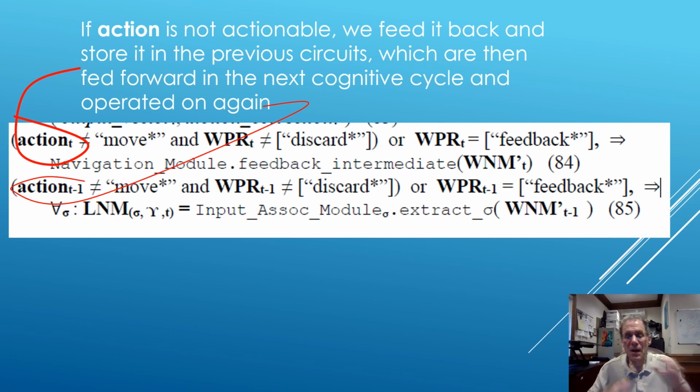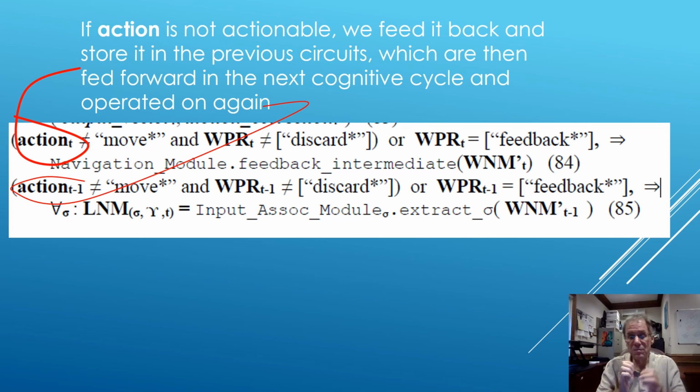As I mentioned before, what proved fascinating is that if you get an action that doesn't really give something useful or meaningful, for example it ends up not having a move, it's not an actionable action, then what we do is, in equations 84 and 85, we use the fact that there are already feedback pathways throughout the mammalian brain.